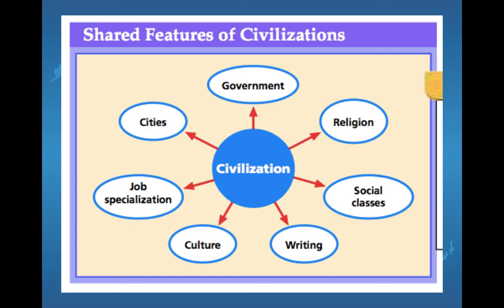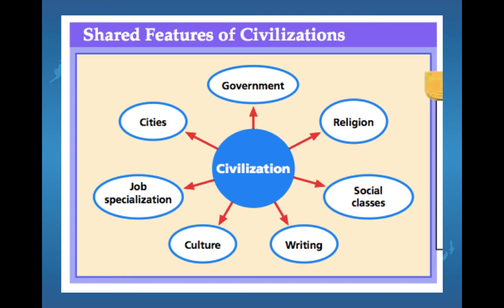You're going to have people who start specializing in the development and the making of certain tools. You're going to have people who become barterers or traders. We're going to see culture start to develop as a whole.